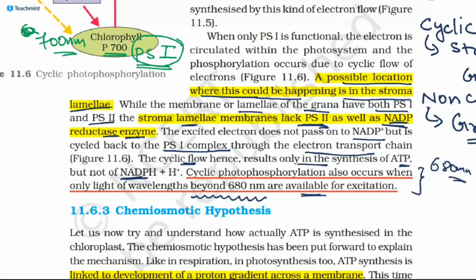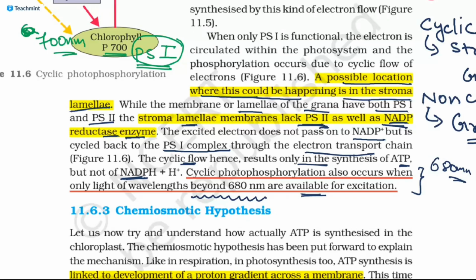Now, if I ask you which is more important, cyclic or non-cyclic? Non-cyclic is more important because it gives us ATP, it gives us NADPH, it gives us oxygen. Without non-cyclic, can the dark reaction take place? No, because for the dark reaction, both ATP and NADPH are required. Is it clear?